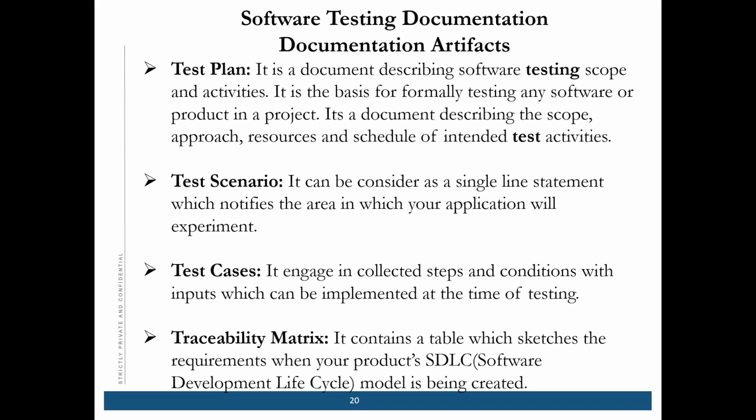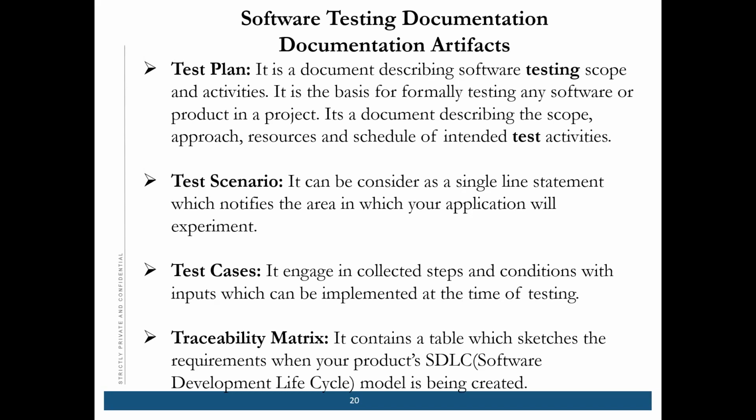What is traceability matrix? So when we have requirement gathering, that time only we create a traceability matrix, for all the requirements we gathered, and when we are delivering the project, that time we check whether we have done with all the requirements or not. So that is called as traceability matrix.